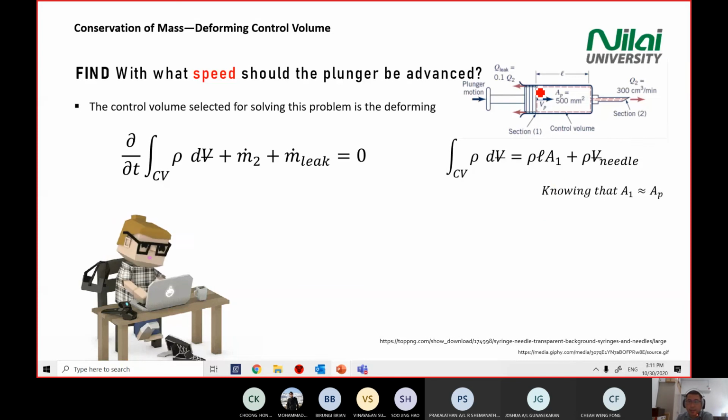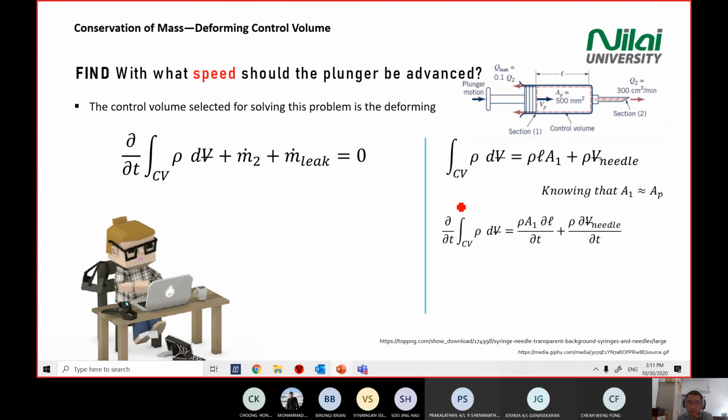All right, now A1 is the same as our plunger area. So we continue to calculate what we know, right? So just put back the equation from just now.